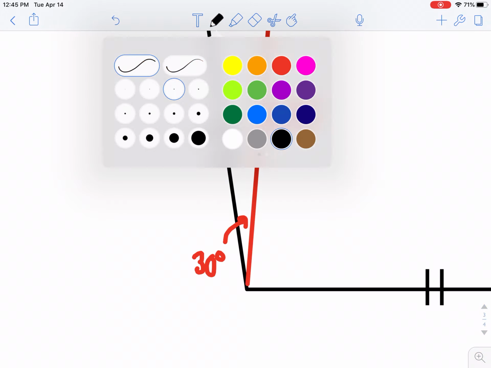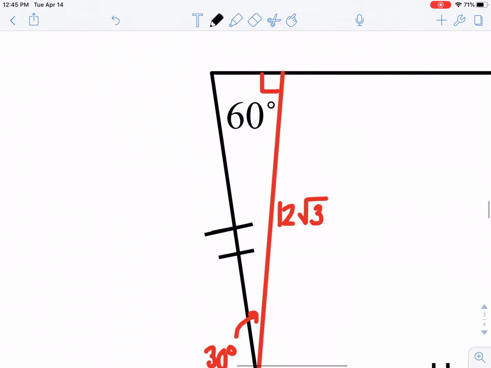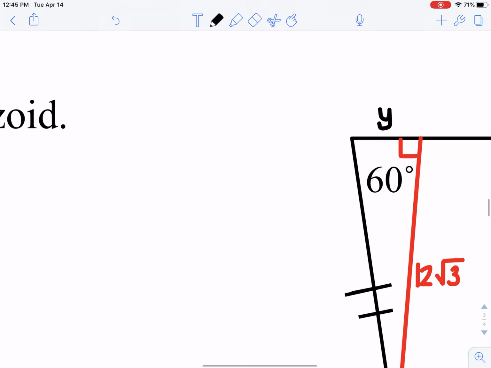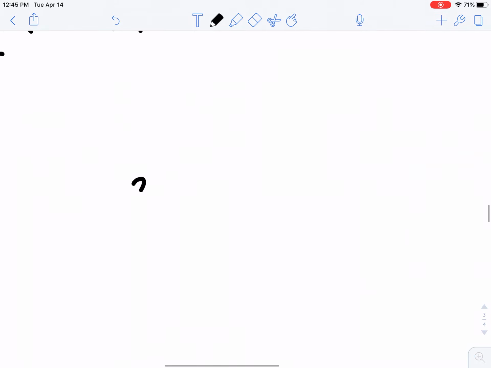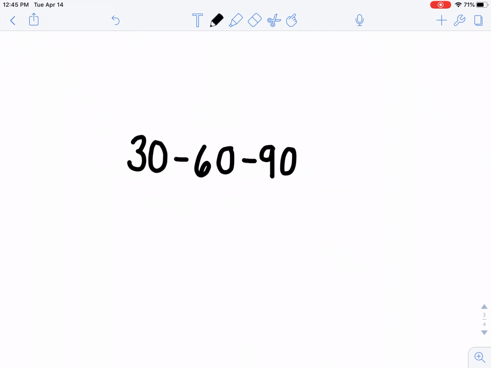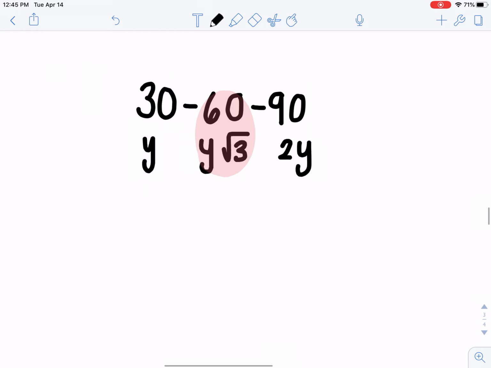So now, if we want to figure out what we'll call y over here, y is across from 30 degrees, and we are given a side that's across from our 60 degrees. So we have a 30, 60, 90 triangle, and our side, we'll call this y, y√3, 2y. Well, we were given the side across from our 60 degrees, so we can then set those two equal.